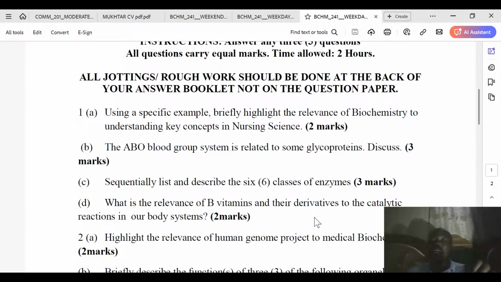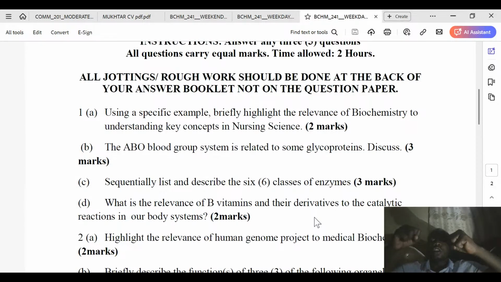Transferases are enzymes that transfer a group of molecules or a group of compound from one compound to another. It's just a transfer. Yes, sir. Can you repeat oxidoreductase? Yes, they are enzymes that catalyze redox reactions. When we say redox reaction, it means reduction and oxidation reaction. So oxidoreductases are the group of enzymes that catalyze redox reactions.